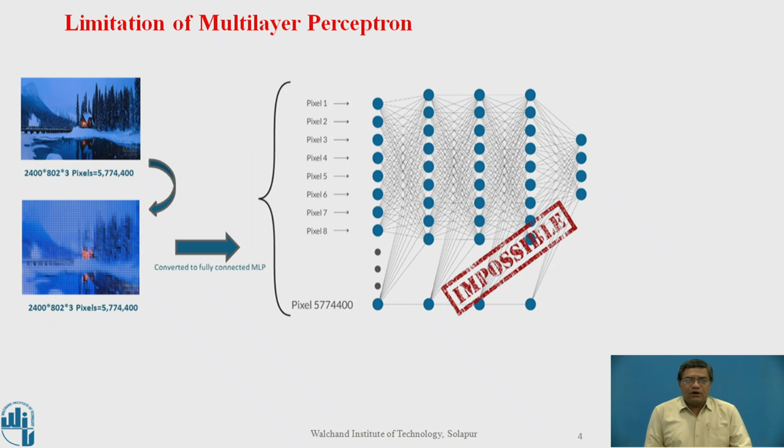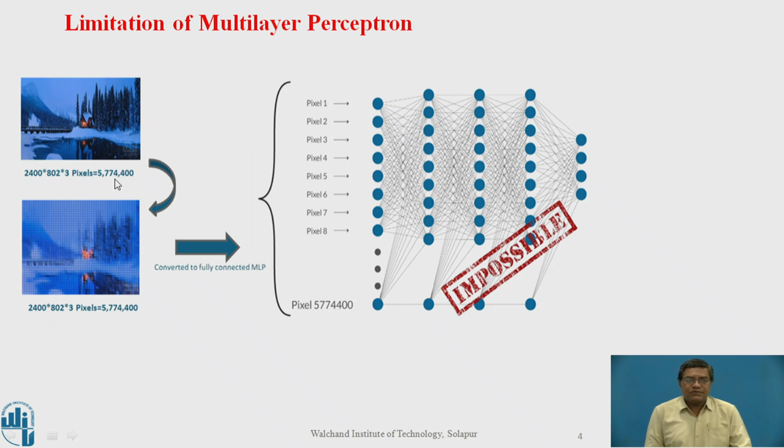The existing artificial neural network like the multi-layer perceptron does not have the capability to process high resolution images. For example, here you can see an image of size 2400 by 802 by 3 pixels.